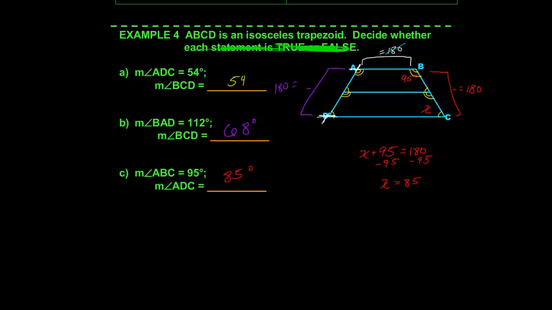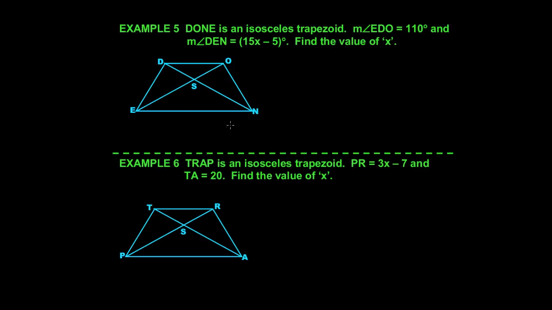Alright, so let's move to our last page of notes now and look at two more examples. Example 5, DONE, is an isosceles trapezoid. It tells us that EDO, this entire angle here, is 110 degrees.